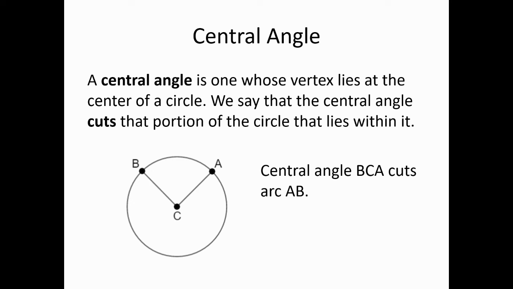It is an angle whose vertex lies at the center of a circle. Okay. So I've illustrated this. Let us say that we have a circle with center C, and then we have constructed, obviously these are radii, CB and CA. Together they form the angle BCA, which we say is a central angle because its vertex is the center of the circle.